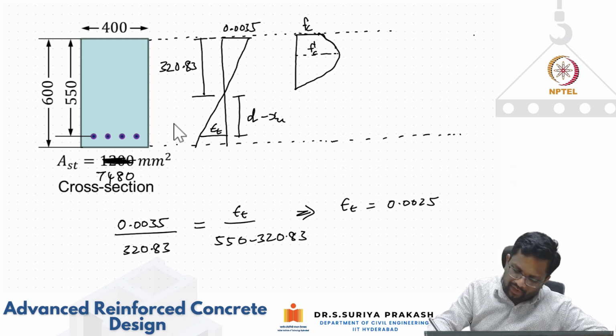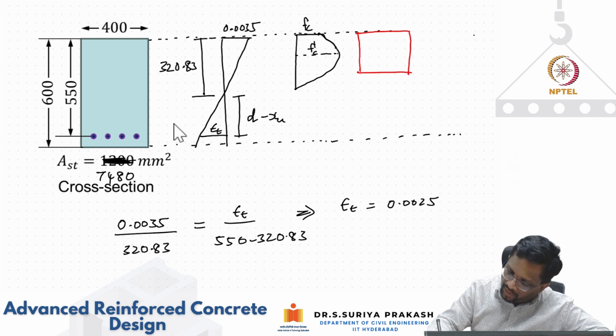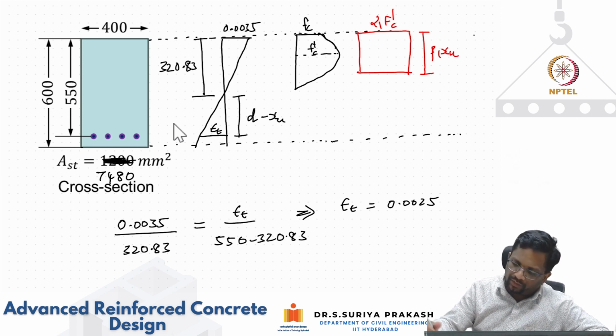That is why we have converted them into an equivalent rectangular block, which is equal to alpha 1 f'c, and this is nothing but beta 1 multiplied by Xu. When you integrate all this force, that gives me Cc.